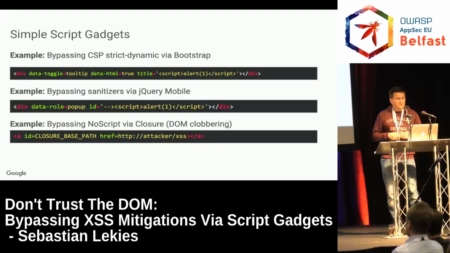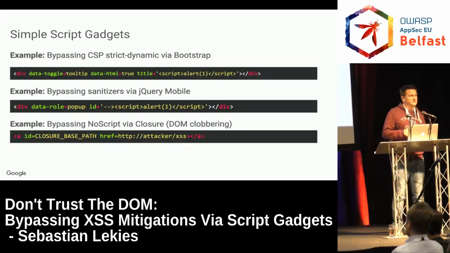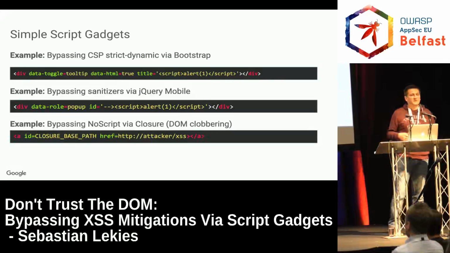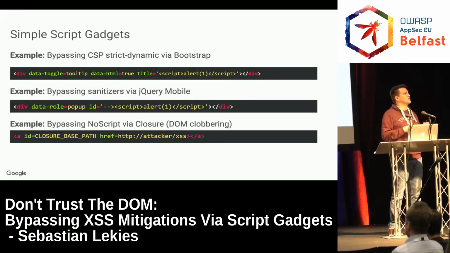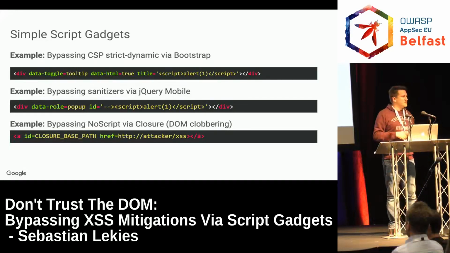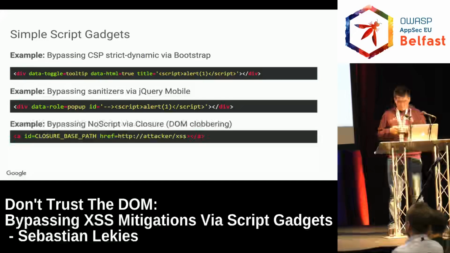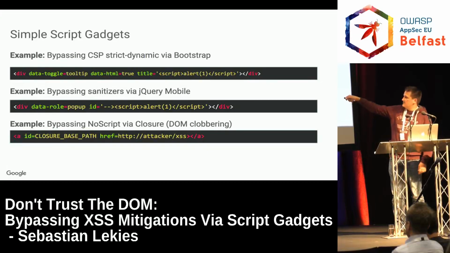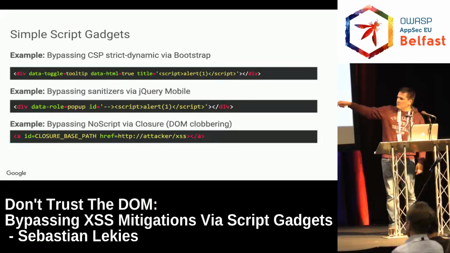Another example is the Closure library. And this is an interesting attack vector because it uses DOM clobbering. So Closure loads other JavaScript files, and it uses a base path to do that. And the base path is an internal configuration property that is in the DOM, and actually you can clobber the variable. So what you do is you just inject an A tag, because the toString of an A tag results in the URL, and then you put this as the ID.